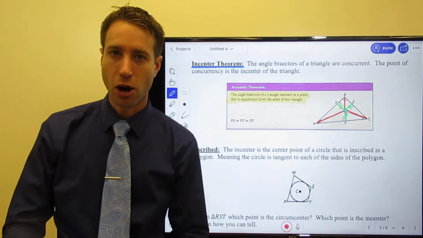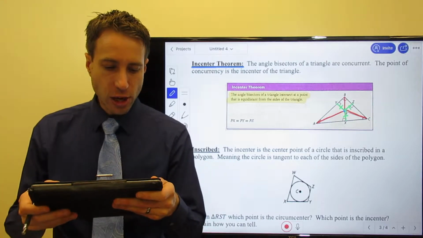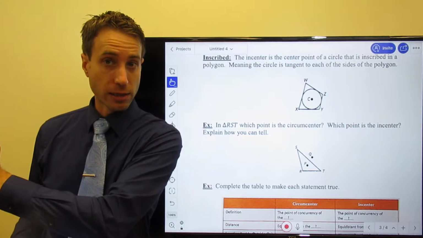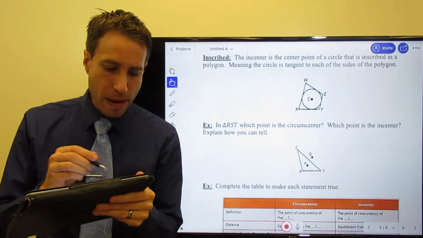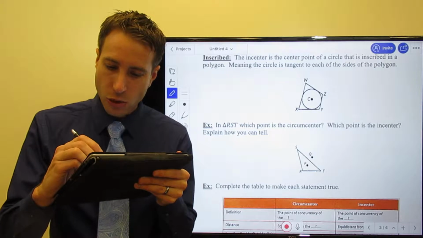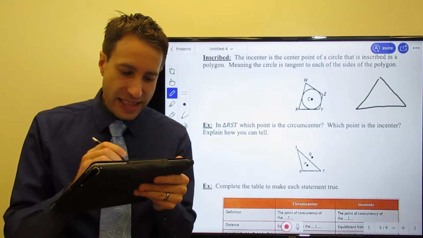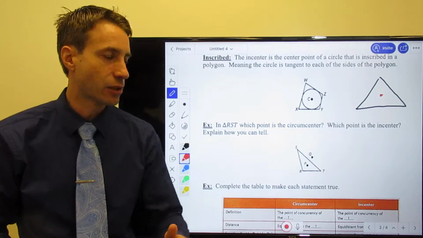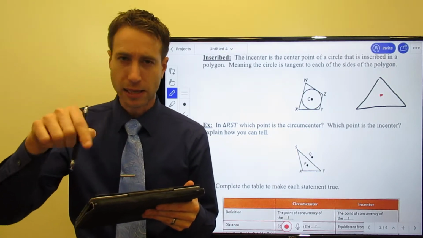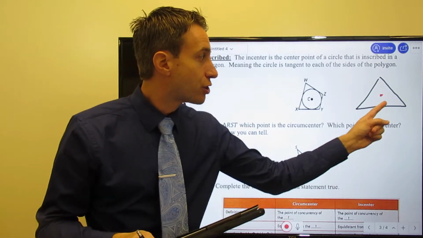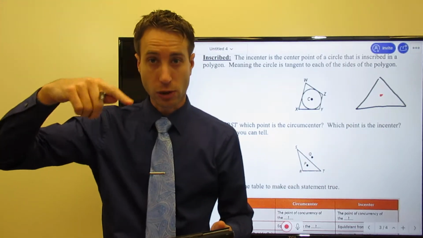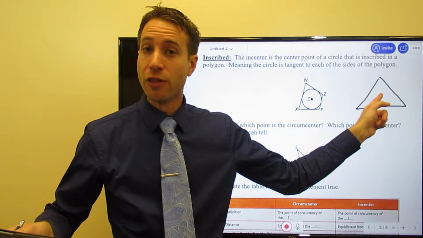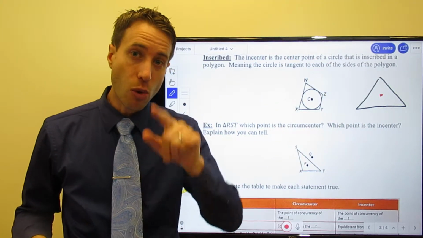Now, why do we call it an in-center? Well, let's talk about the first difference between circumcenter and in-center. Remember, with the circumcenter, we had a triangle, and the circumcenter was a point such that if I drew a circle with the circumcenter as its center, the circle would completely go around the triangle. I'm freehanding this, so please forgive my drawing, especially the circles.